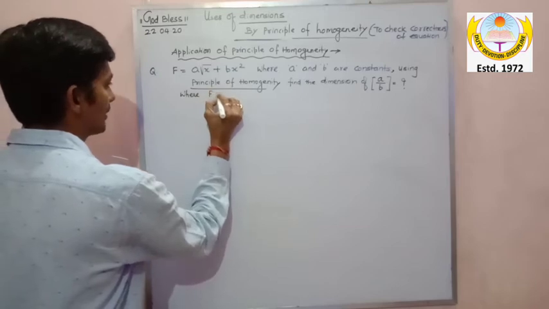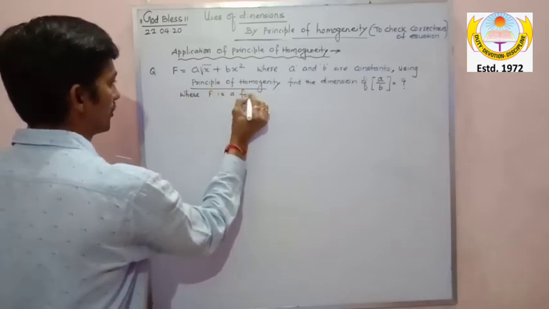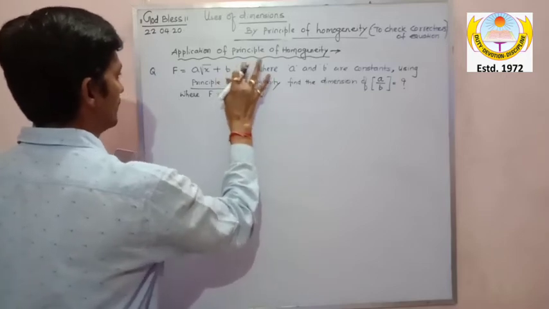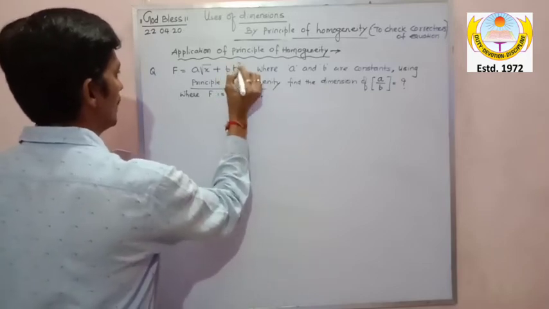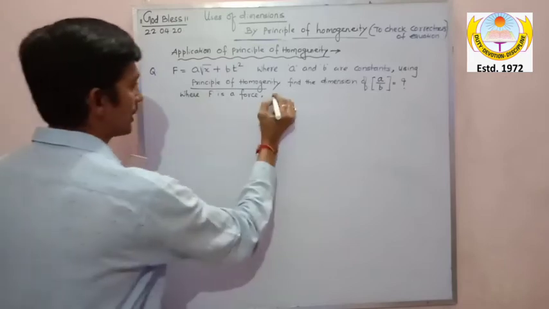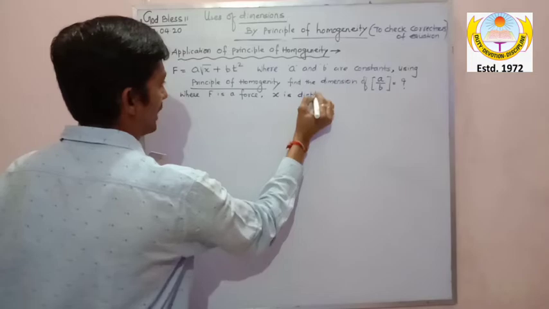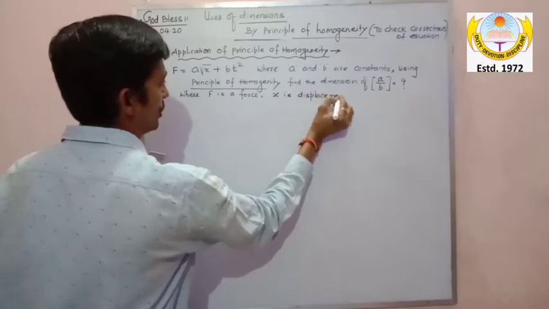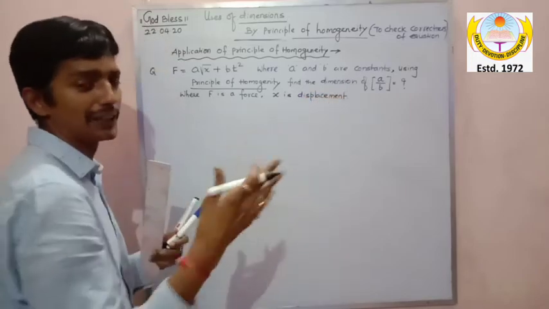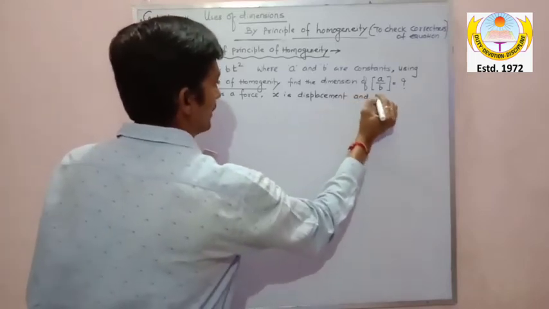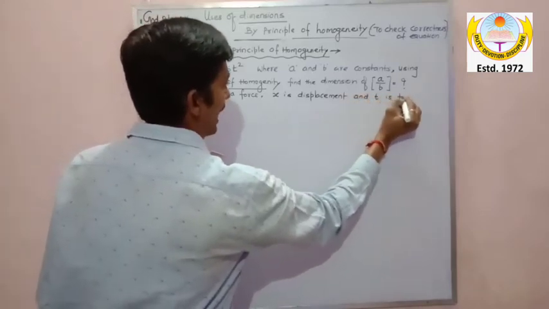F is a force, here it is b t square, where F is a force, x is displacement or distance, you can say, no issue, because for dimension, displacement or distance is length only, and t is time.